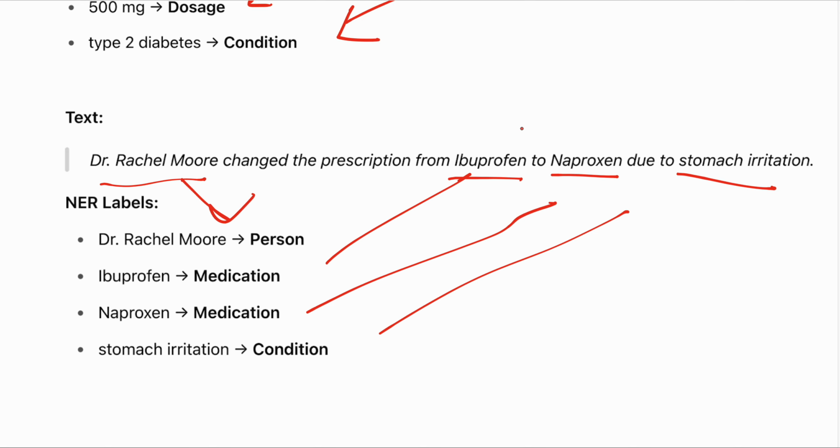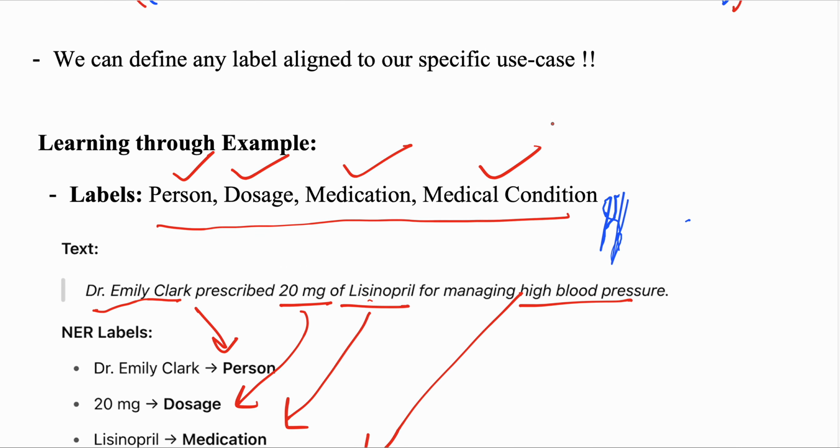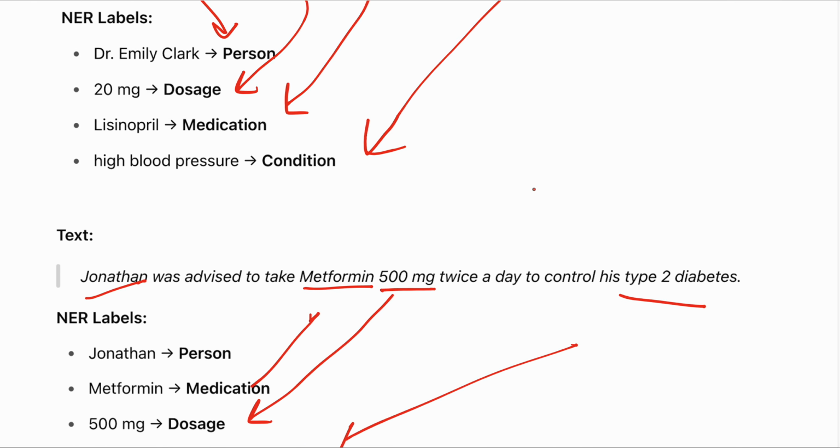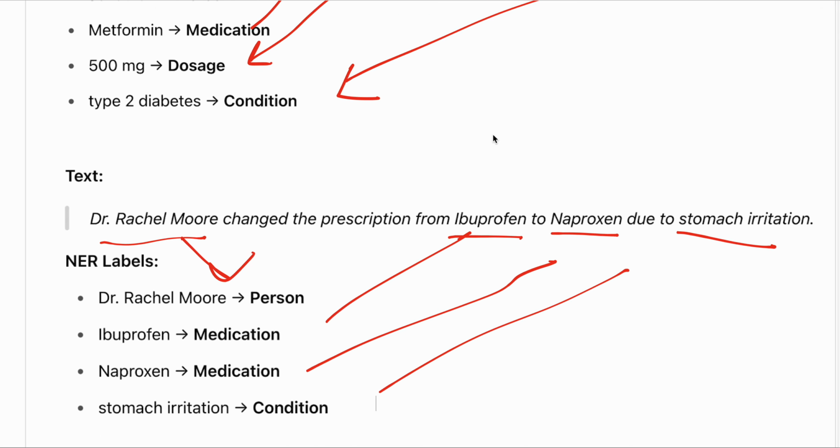So, if you're able to understand these three examples, you now should know what the input and output of NER are. How NER works is the next step, which we are going to discuss in our further videos.